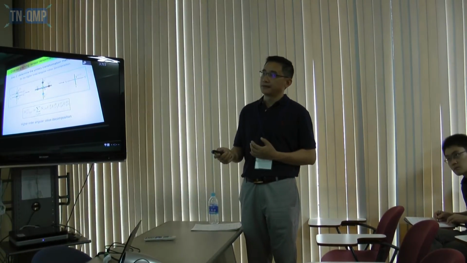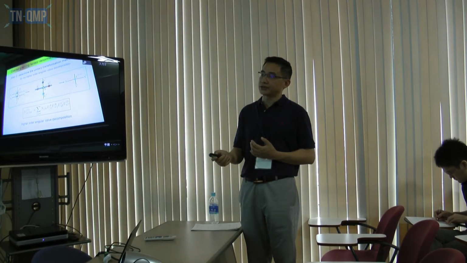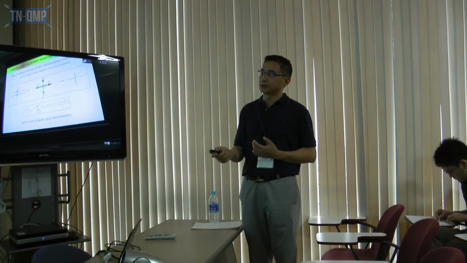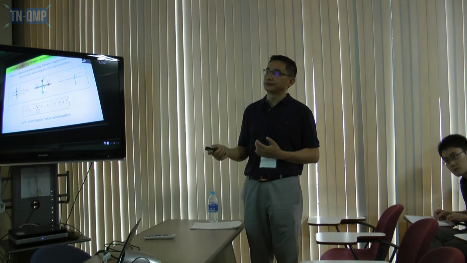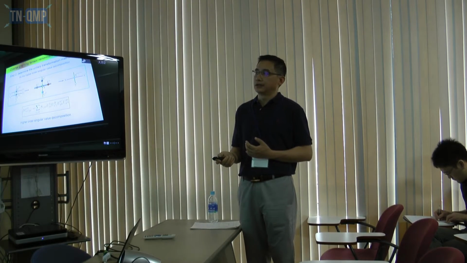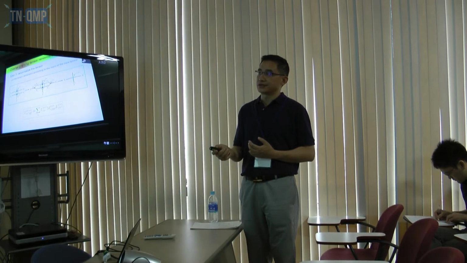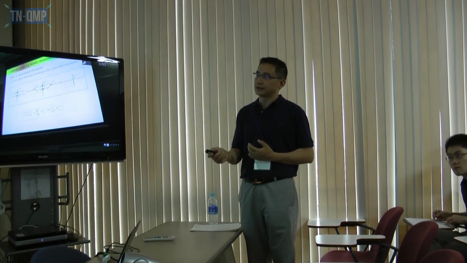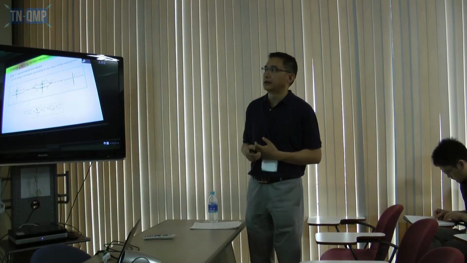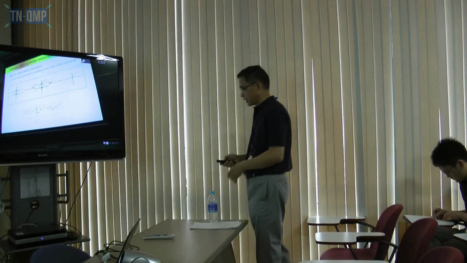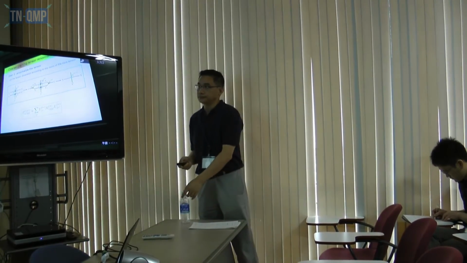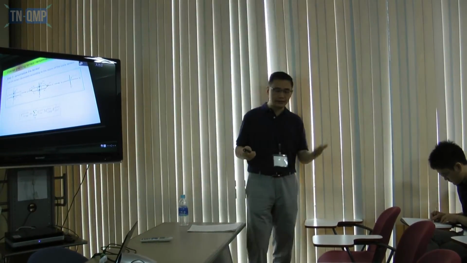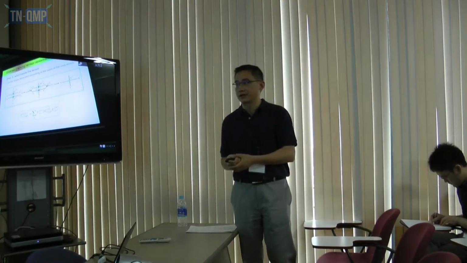And the next step is to truncate this horizontal bond. Okay. Just renormalize from this unitary matrix. So it's very straightforward, not very complicated.